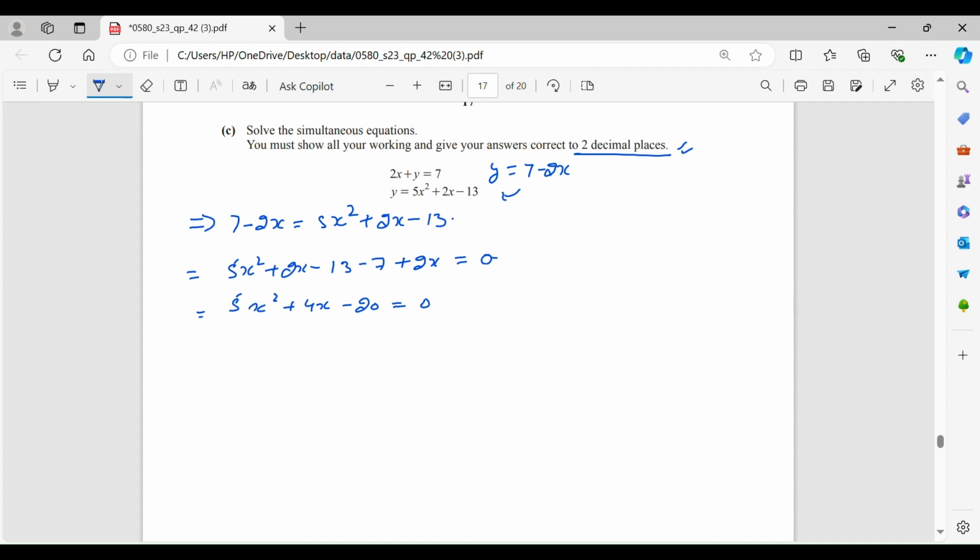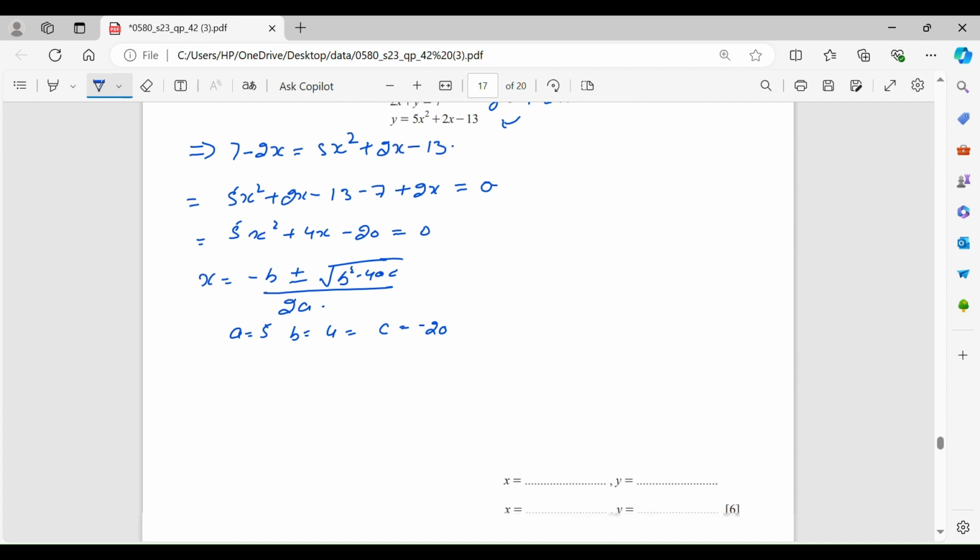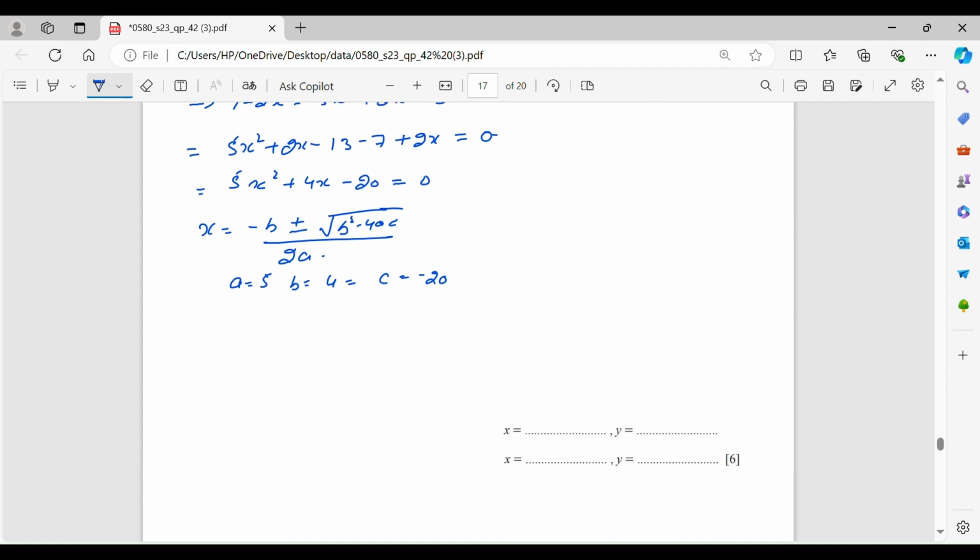So x will be equal to minus b plus or minus root of b squared minus 4ac over 2a. Here a will be 5, b will be 4, and c will be minus 20, right? So we will substitute all the values.